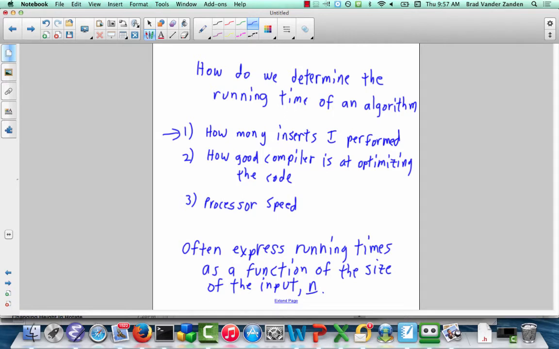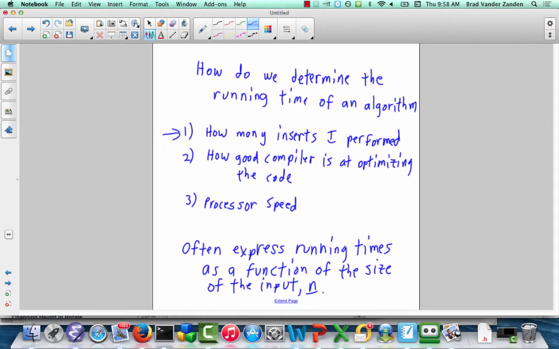So we say the size of the input is n, an idiom that has been adopted by computer scientists through the decades. In this case, the number of inserts I perform is going to be probably 1-to-1 with the size of the input. So the next thing I have to do is say, how am I going to count things?